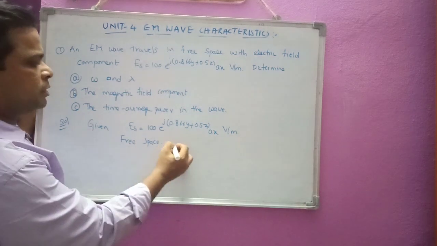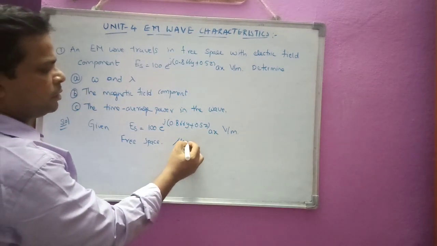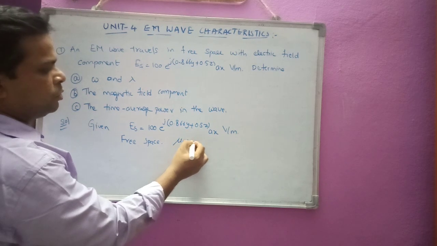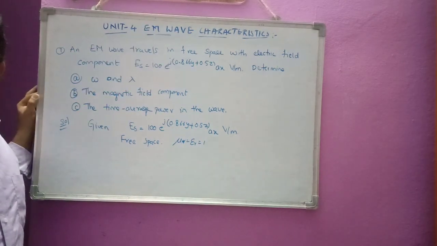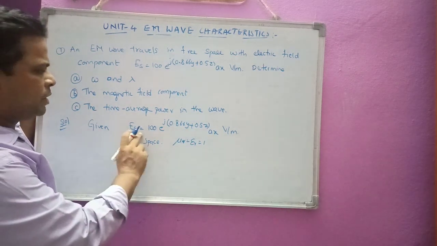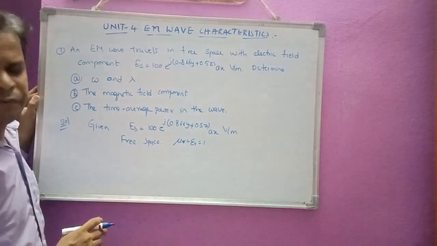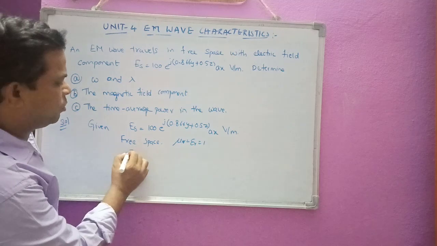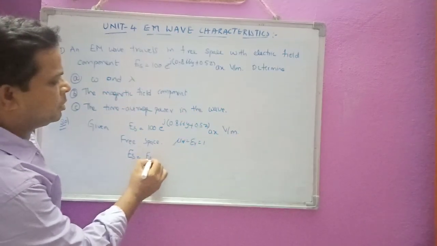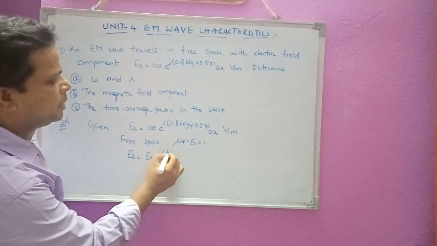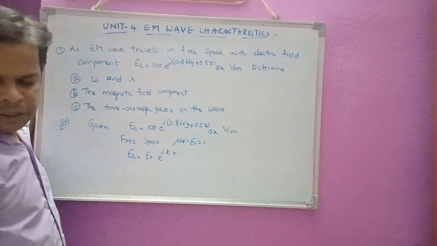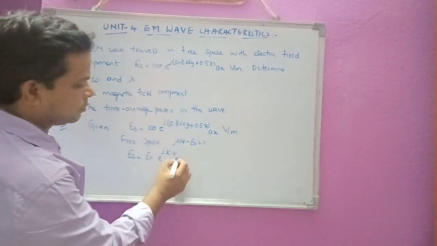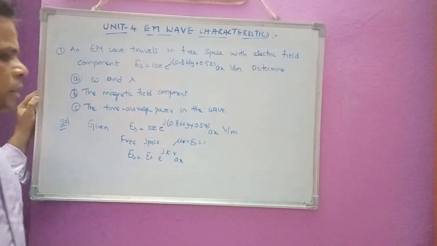Free space conditions we know, that is mu r is equal to epsilon r is equal to 1. Now we need to determine here. Let us compare this equation with the general equation we have discussed, that is Es is equal to E naught into e power j k dot r into ax.